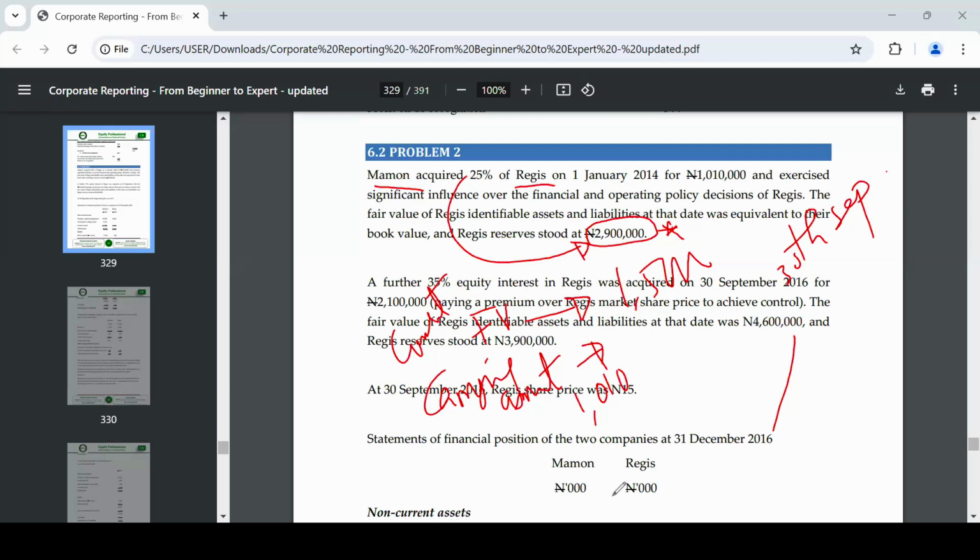But as at the day we want to derecognize, the day we bought further shares, reserve is now 3.9 million, meaning that from this day, they have made additional profit of how much? 3.9 million minus 2.9 million, meaning they have generated additional 1 million naira profit. Is this clear?